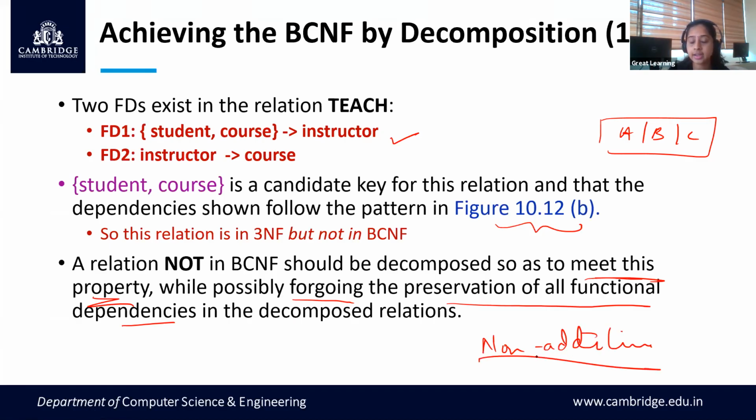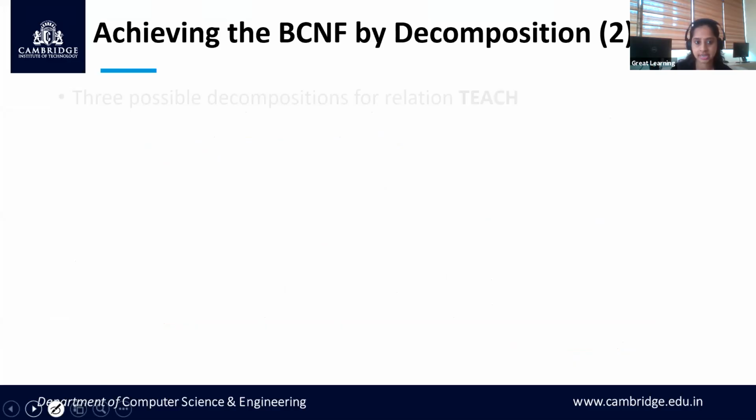I should see to that. I should check with the non-additive join property. Lossless and non-additive should be maintained. As I'm not able to preserve the functional dependencies, it is very necessary that I maintain this property. When I join, there should be proper data, not a loss or additional data.